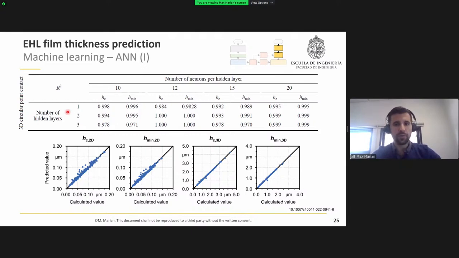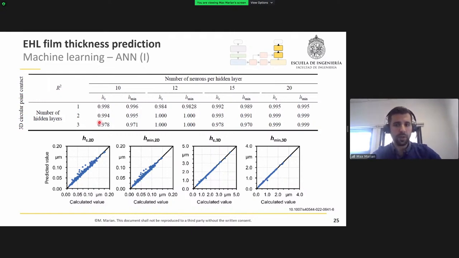Therefore, we again use the original input values, and we can see that the EHL film parameters were predicted with high accuracy, and we reached R square values above 0.99 by some of the ANN configurations. We can see that the number of neurons in each hidden layer played a less dominant role, but the number of hidden layers had a more decisive impact on the prediction quality.